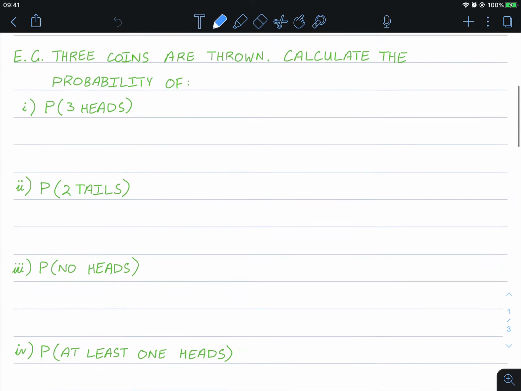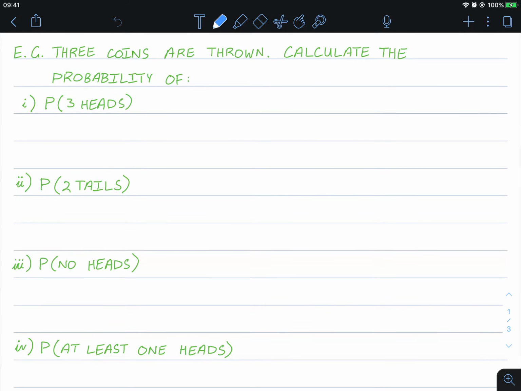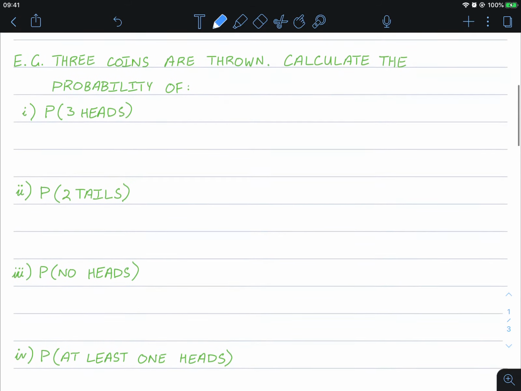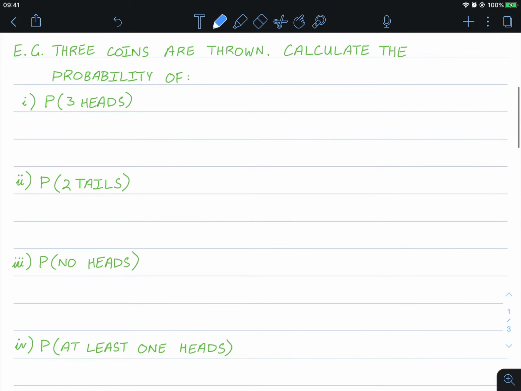For this, we should recall the end branches first. And we can figure out how many branches there will be at the end by using what we know about independent events. So 3 coins are independent of each other, because if you throw one, it will not affect the result of the other.